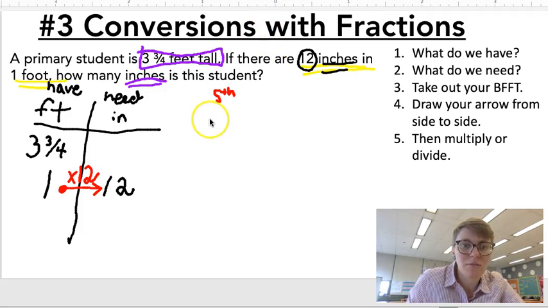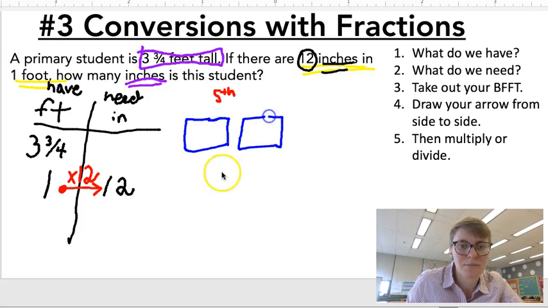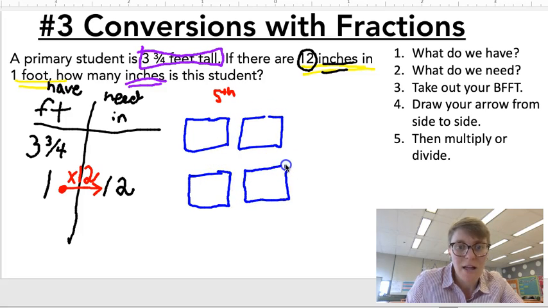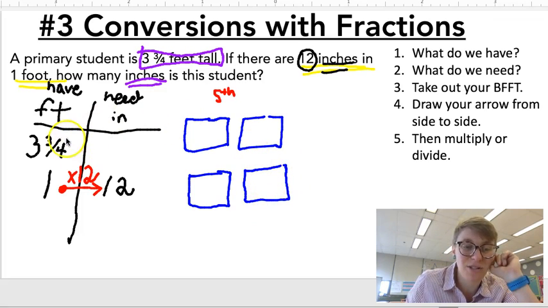So I'm going to draw 1 foot, 2 foot, 3 feet, because that's how tall the student is, and then I'm going to draw another foot. The problem here, though, is that this one is not a whole foot, because this Kipster is not 4 feet tall. They're 3 3/4 feet tall. So it's kind of like this is a whole, this is a whole, this is a whole, and this is 3/4.